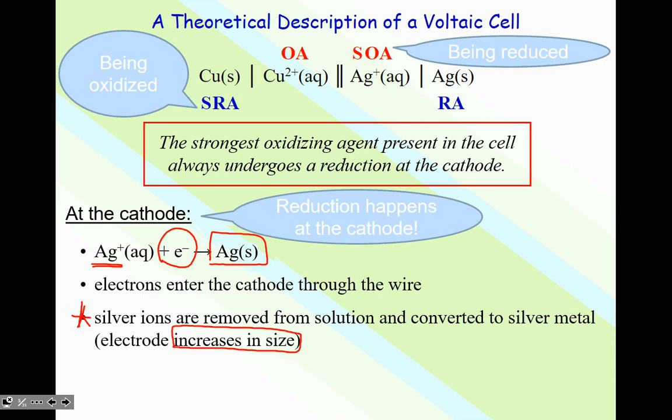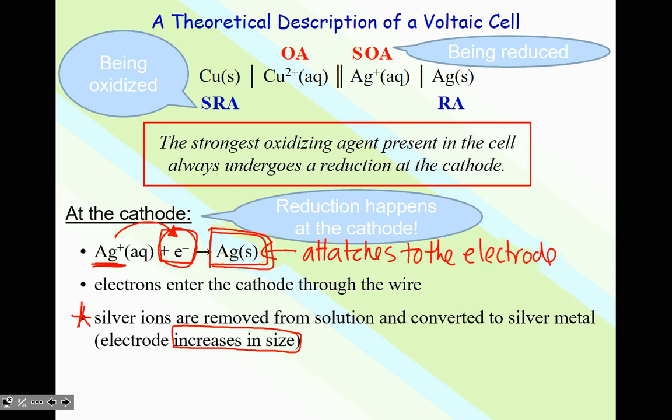You are getting the electrons from the anode, and you take your silver ions, attach them to electrons, and create silver. And this silver actually attaches itself to the electrode.